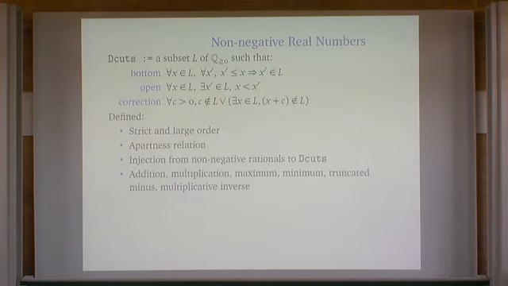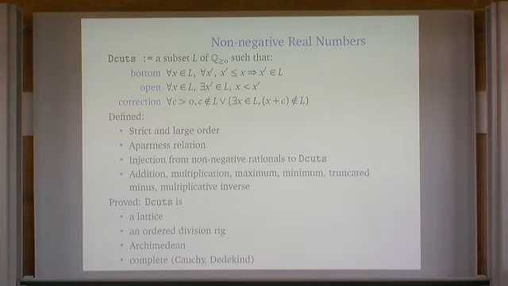And there are also many functions. And this set is proved to be a lattice, that it is another division rig. It is Archimedean and complete with the definition of Cauchy.